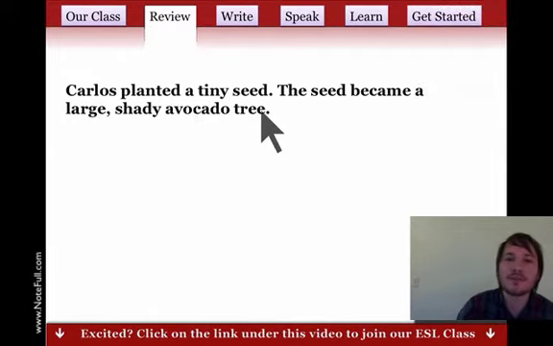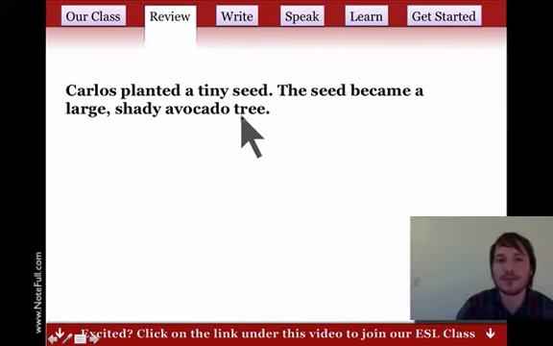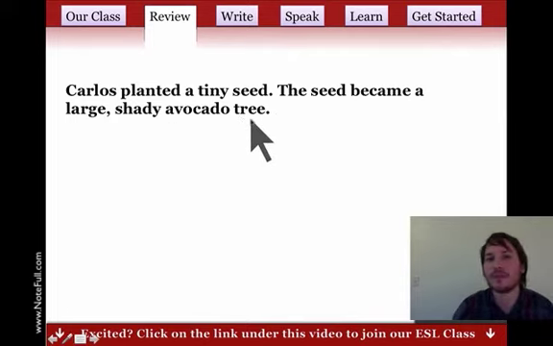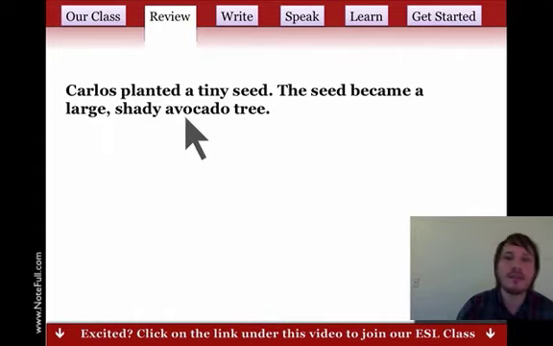It describes the tree, right? And large describes the tree, and shady describes the tree. But large and shady are adjectives. They're descriptive words. Avocado is a noun, right? It's a kind of food, but it describes the kind of tree, so we call it a noun modifier, and it works like an adjective, except it's not an adjective.